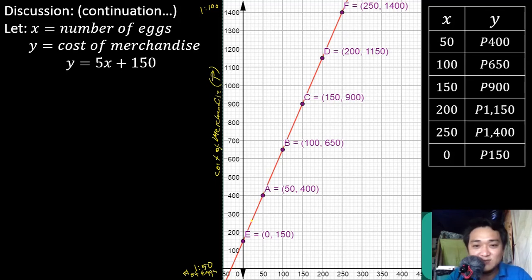wherein lahat po ng points along this red line is the solution of y is equivalent to 5x plus 150. Ang tawag po natin dyan is linear equation.